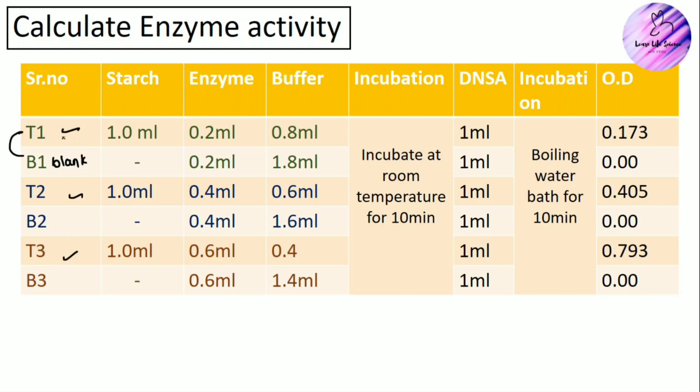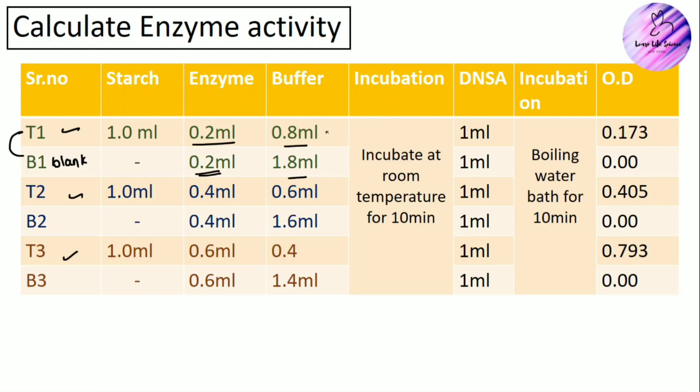So test 1 is going to contain 1 ml of starch and 0.2 ml of enzyme. And remember one thing, whenever you are performing the DNSA method, always use enzyme in your test tube rather than starch, because many times starch also reacts with DNSA and it can interfere with your results. Then you are going to add 0.8 ml of buffer in your test tube and 1.8 ml in your blank.